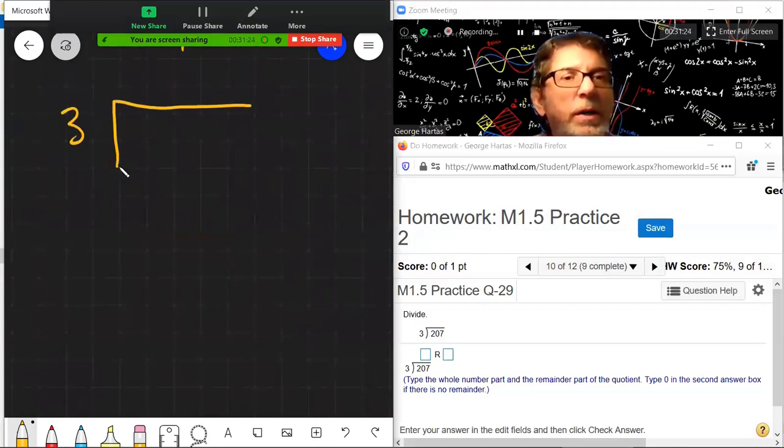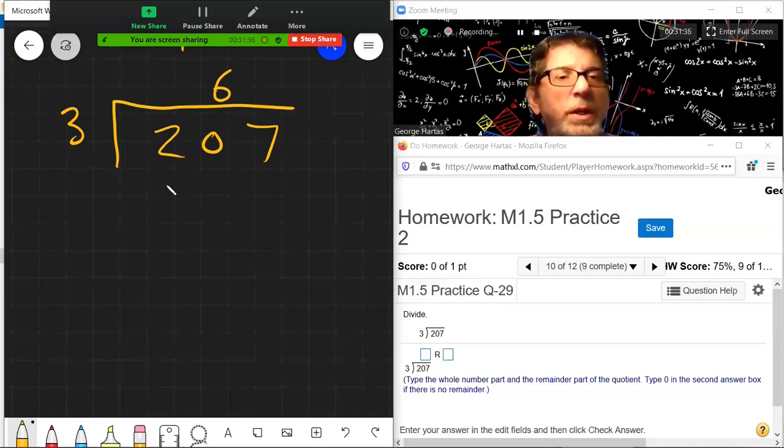Three divided into 207. 3 does not divide into 2. 3 divides into 20 6 times, because 6 times 3 is 18. Subtract. 20 minus 18 is 2.